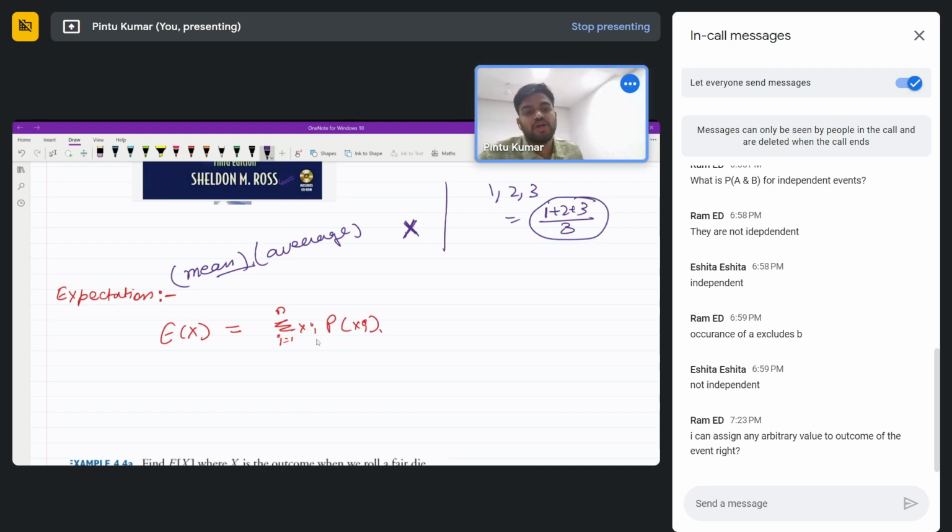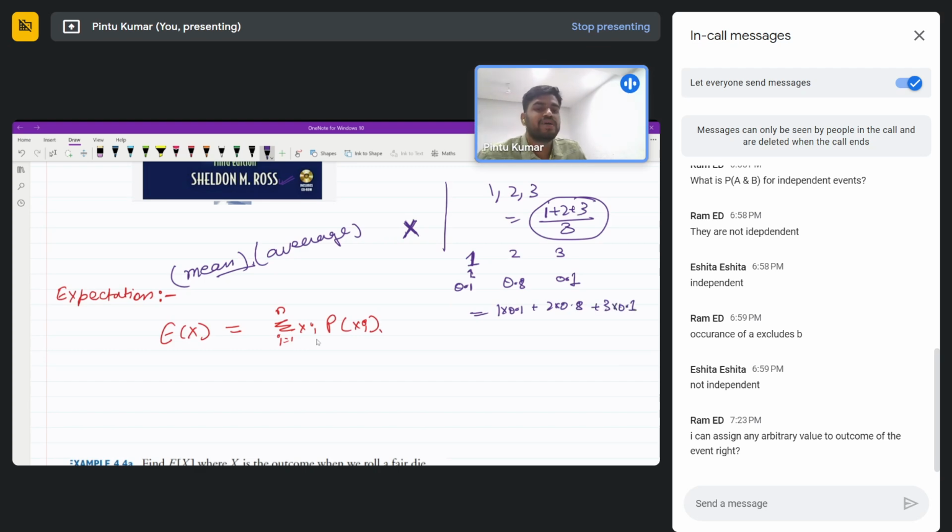Now if somebody says that the chance of 1 occurring is just 0.1, the chance of 2 occurring is very high, let's say 0.8, and the chance of 3 occurring is also very low, that is 0.1. And now he's telling you to take a weighted average based on the chance of their occurring. So what you would do is multiply them with their chance and then take the average.